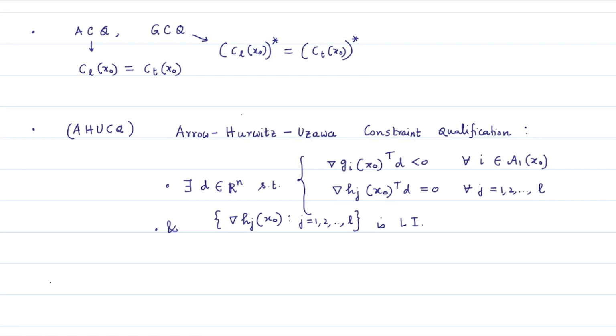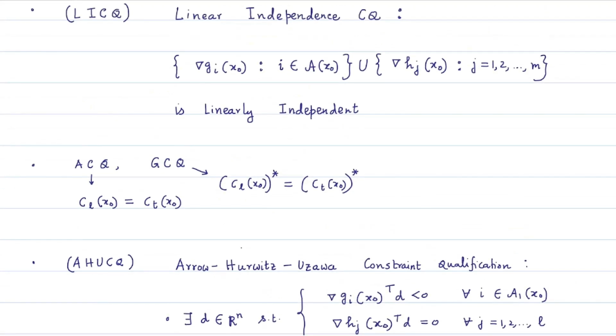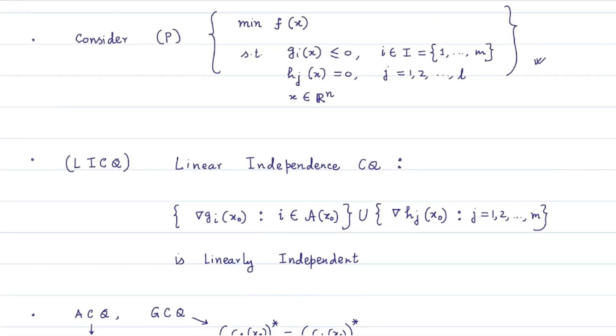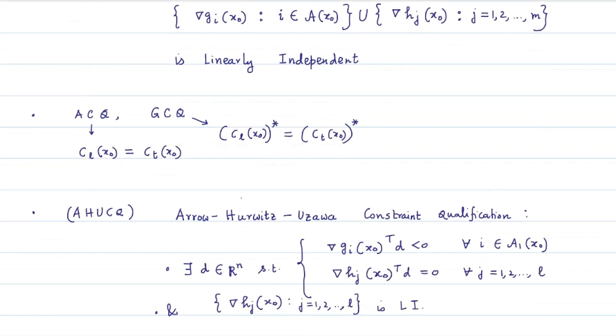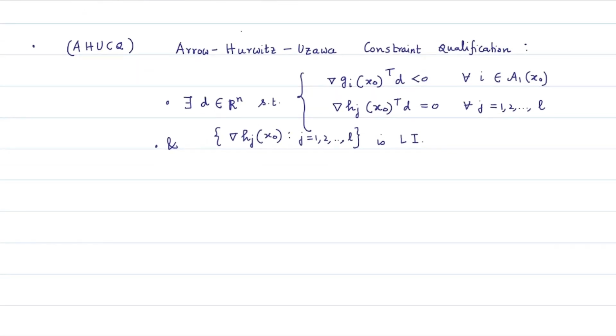The result interrelating AHUCQ, ACQ, GCQ, LICQ, all these constraint qualifications for this constraint optimization problem involving equality and inequality constraints, is the following: LICQ is the strongest. LICQ implies AHUCQ, which implies the Abadie constraint qualification, and the Abadie constraint qualification implies the Guignard constraint qualification.